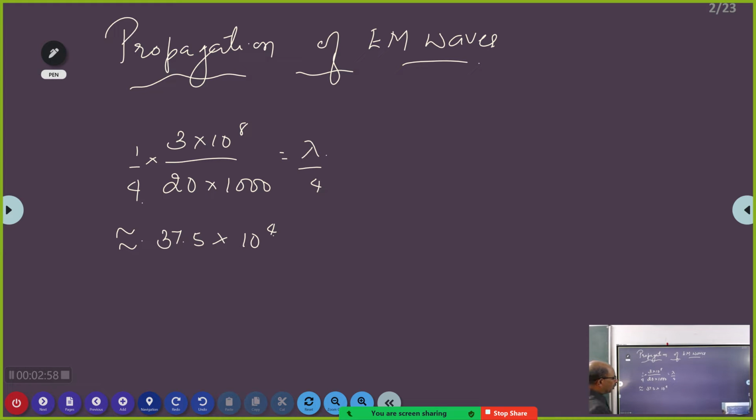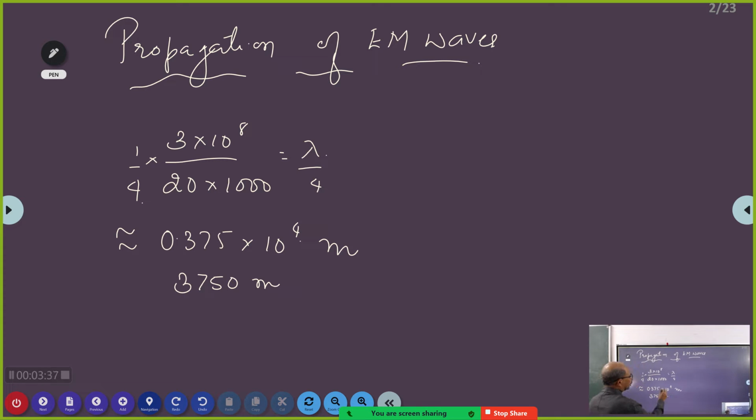This is lambda by 4, in meters. So this will be 0.375 into 10 to the power of 4 meters, that is 3750 meters.